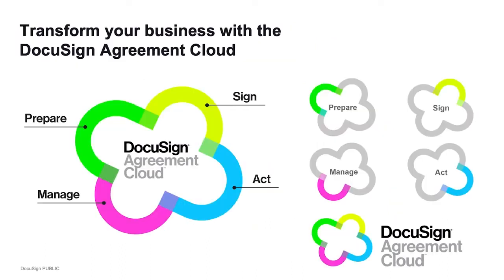Don't worry, the DocuSign Agreement Cloud is your one-stop shop to help you prepare, sign, act, and manage your agreements. The Agreement Cloud platform provides a number of APIs to help you transform how you do your business. You can automate, accelerate, and simplify the various stages of the agreement process using these APIs.